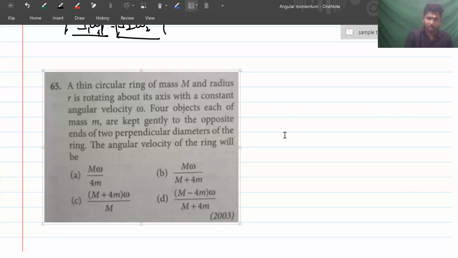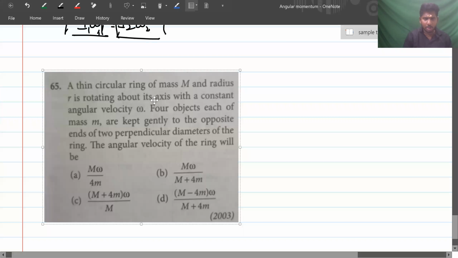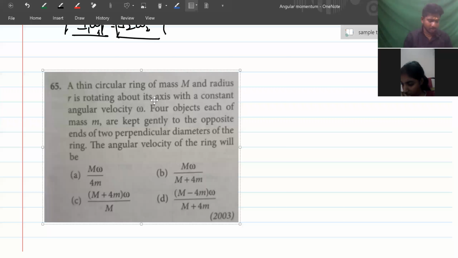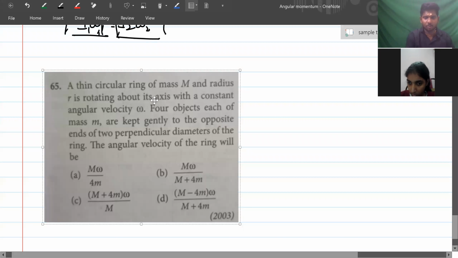This is one good quality question, which is also given in HC Verma. It was asked in one of the medical exams in 2003.